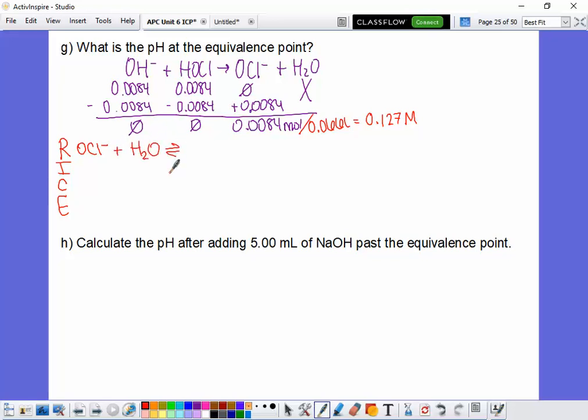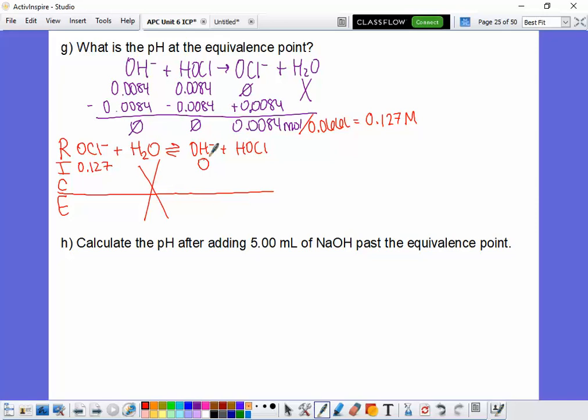So we put our ion in water, and it goes through a Bronsted-Lowry reaction. What are my products here? OH minus and HOCl. Just like always, I don't care about the amount of water. My initial concentration for OCl minus is the 0.127. After the neutralization is complete, all I have left over is the OCl minus, and then that comes back to equilibrium.